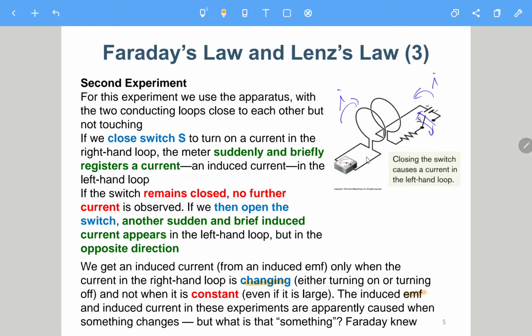So for this loop, there is somehow an EMF in this direction, and the current is also in the same direction.